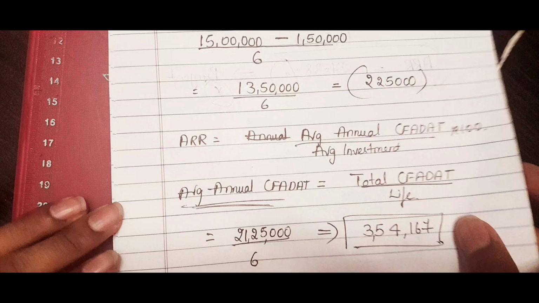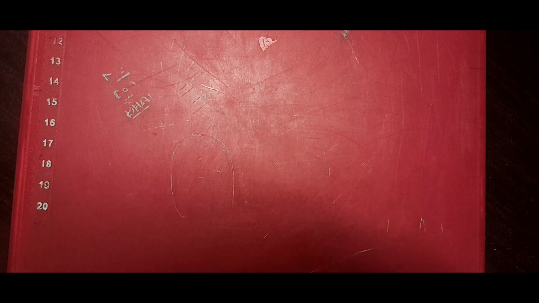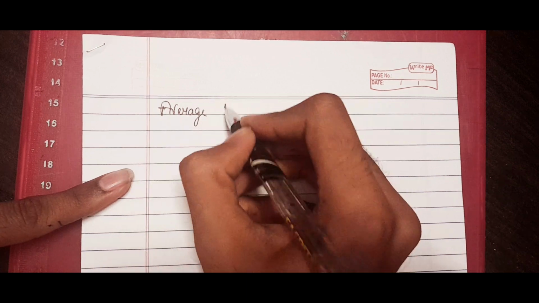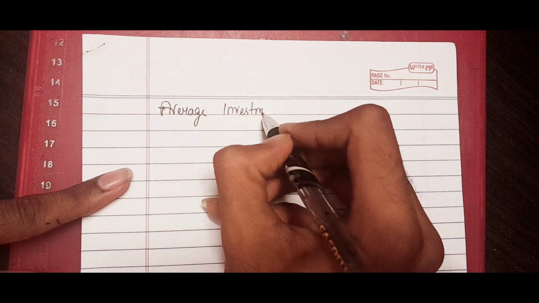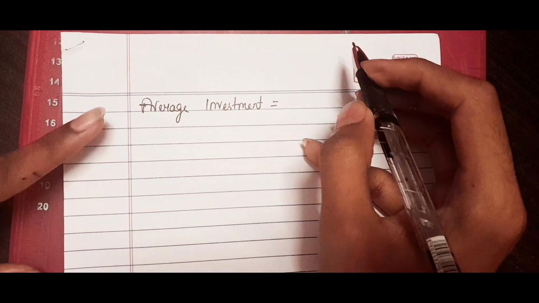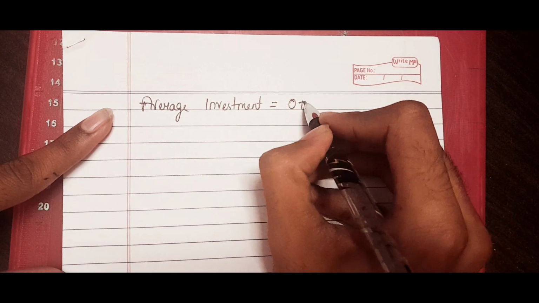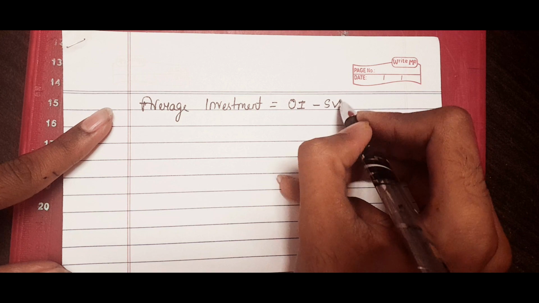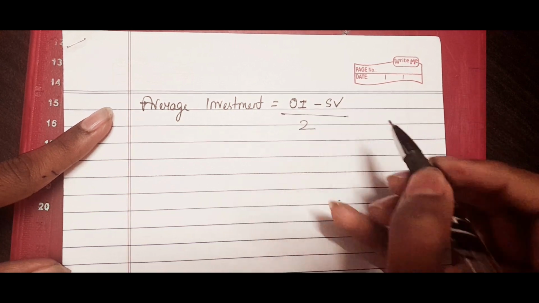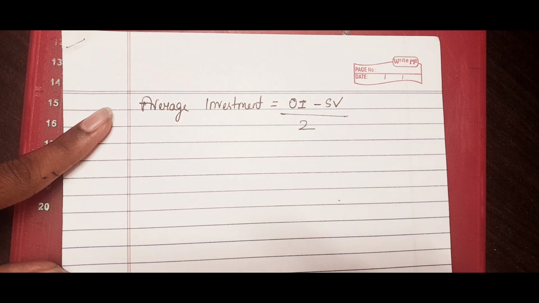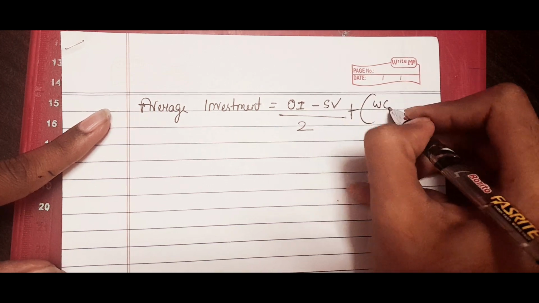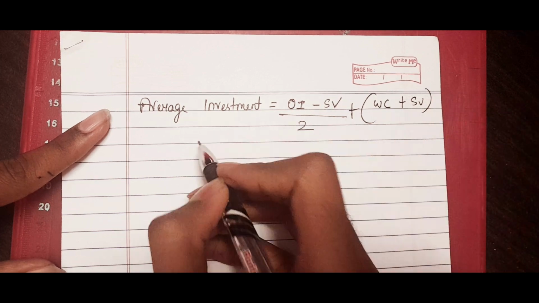Now we need to find out average investment. The average investment will be original investment minus scrap value divided by 2, plus working capital plus scrap value.